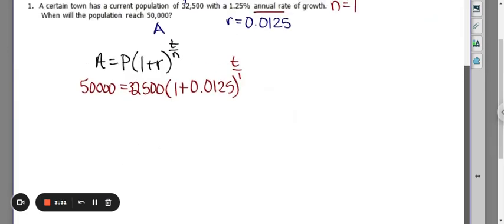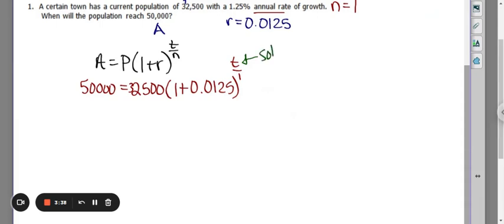So we need to know when, so we are solving for t. I need to isolate this base that has the exponent on it. So that means I'm going to start by dividing both sides by 32,500.